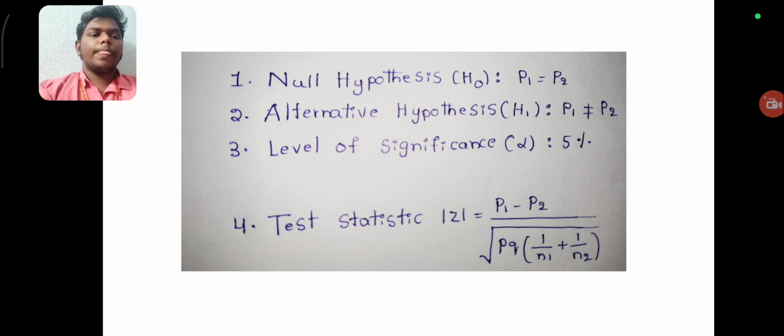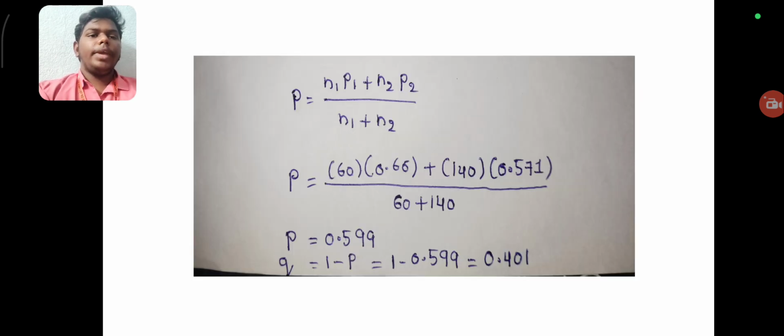Test statistic Z equals (P1 minus P2) by root of (PQ into (1 by N1 plus 1 by N2)), where P equals (N1 P1 plus N2 P2) by (N1 plus N2). So P equals (60 into 0.66 plus 140 into 0.571) divided by (60 plus 140), that is P equals 0.599. Q equals 1 minus P, that is 1 minus 0.599, so Q equals 0.401.